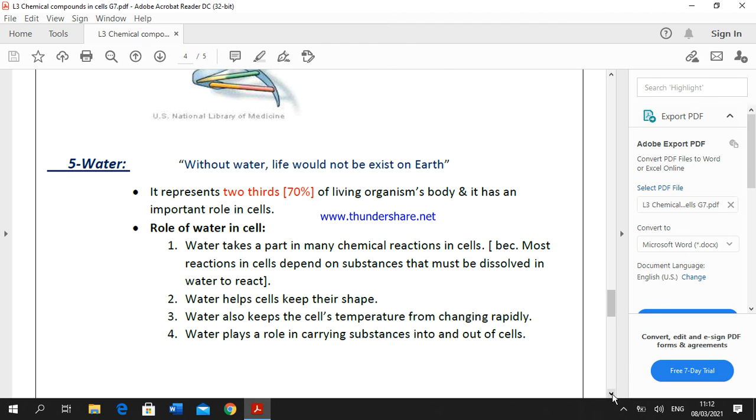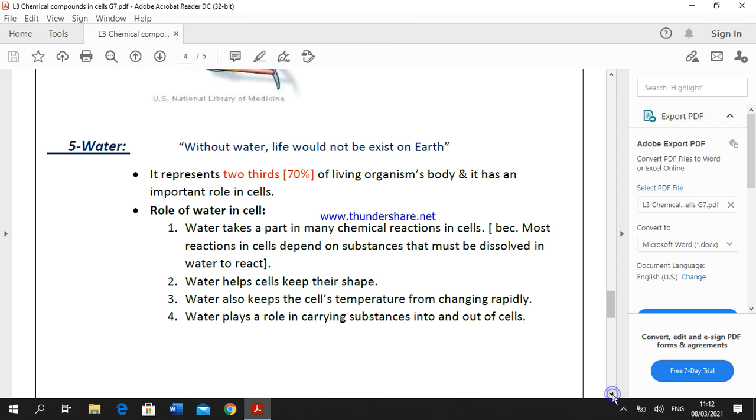The last compound in our bodies, and very important, is water. Water is considered an inorganic compound because it doesn't contain the element carbon. Water represents two-thirds, or 70%, of living organisms' bodies and has a very important role in our cells.